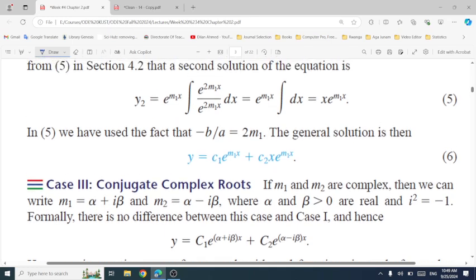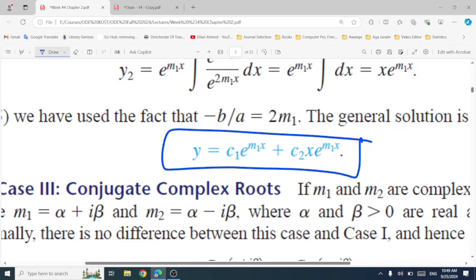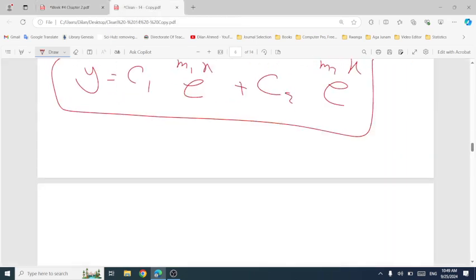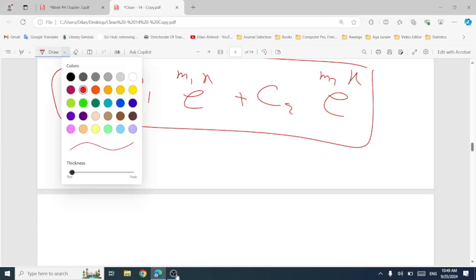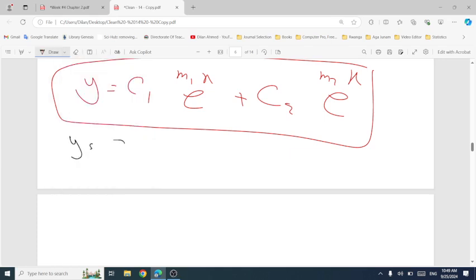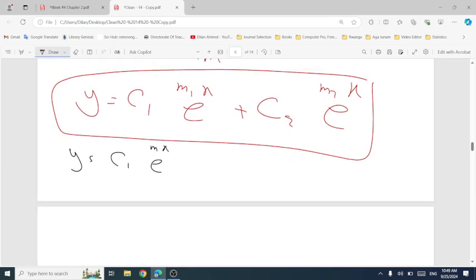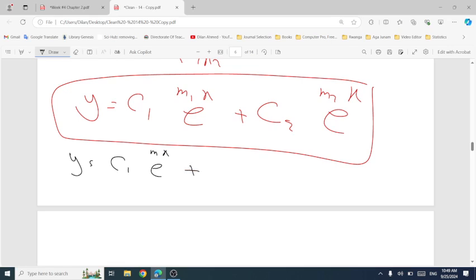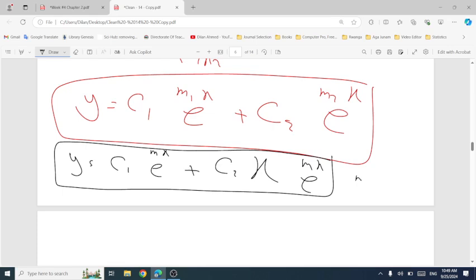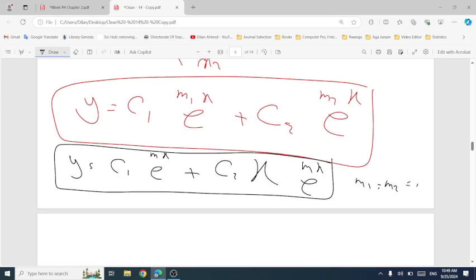Case number 2. If I have repetition, it looks like the first case, but we will add an x. I say I have y equal to c1 e to the power mx plus c2 x e to the power mx, because m1 equals m2 and we call them m.